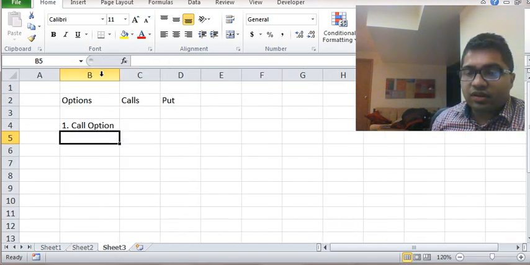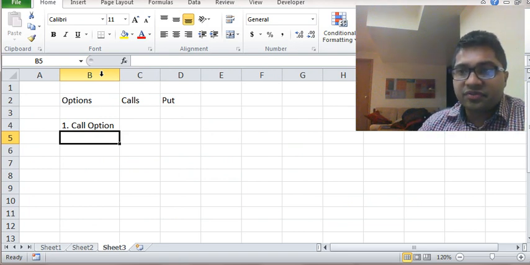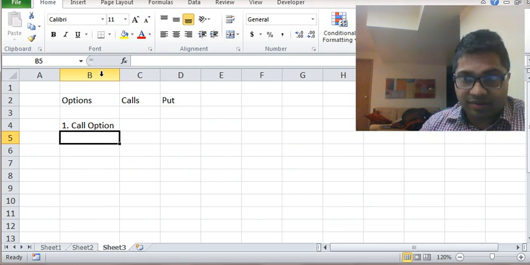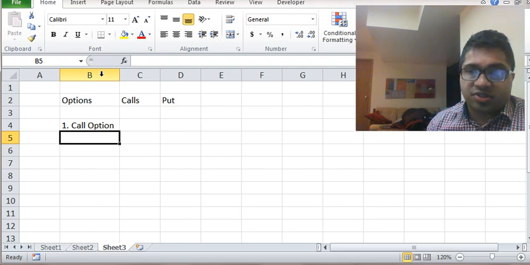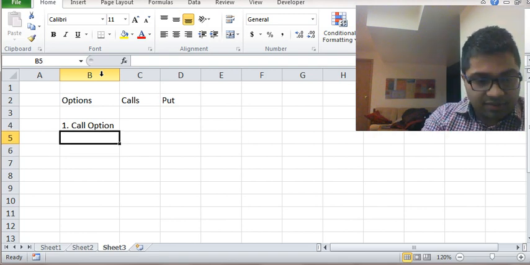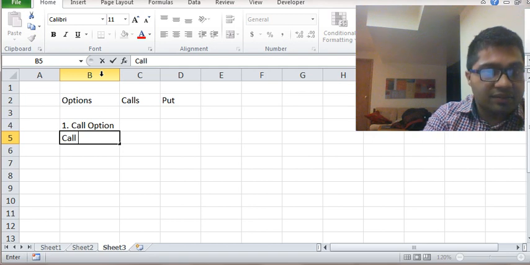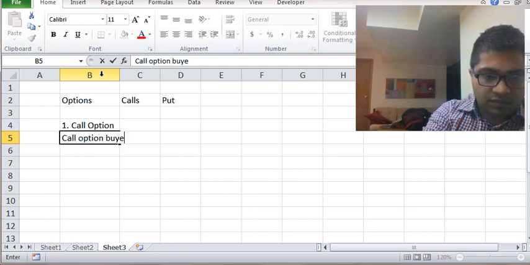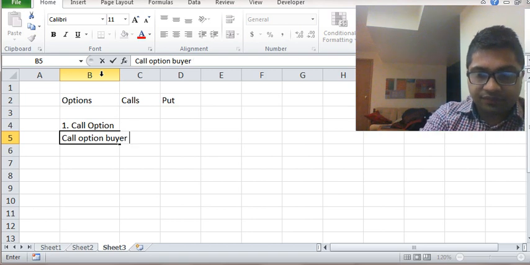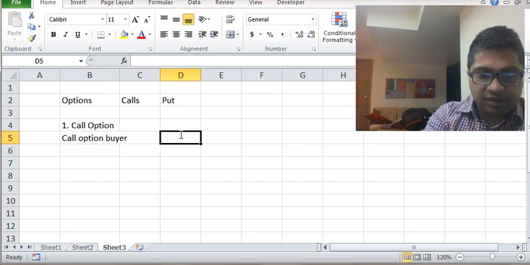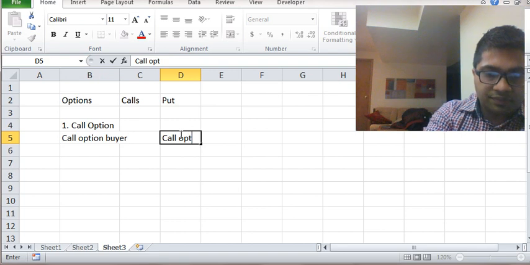Now let's say we are discussing options. Options give you only the right, but there is no obligation, as a buyer. So we are discussing call option first. Now there are two parties: there is a call option buyer and there is a call option writer.